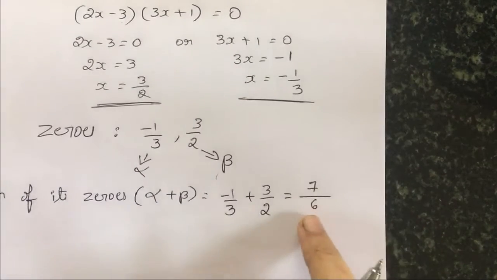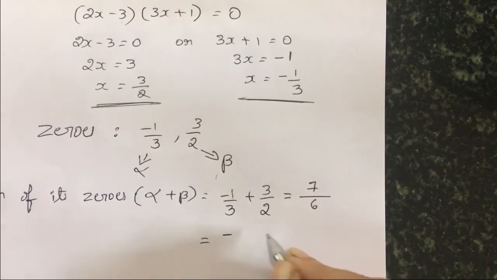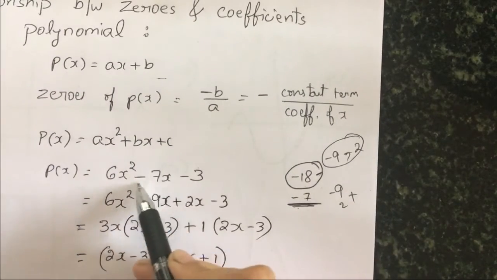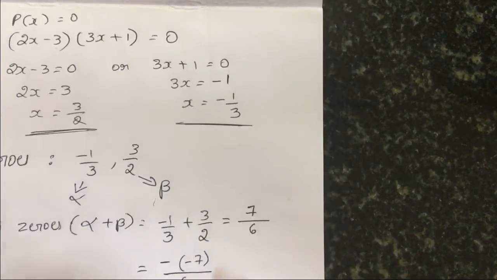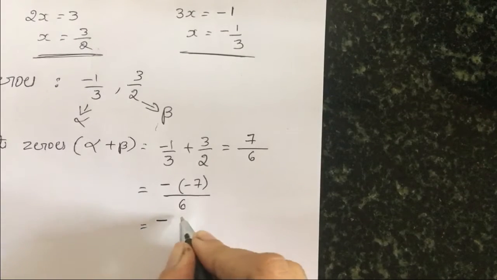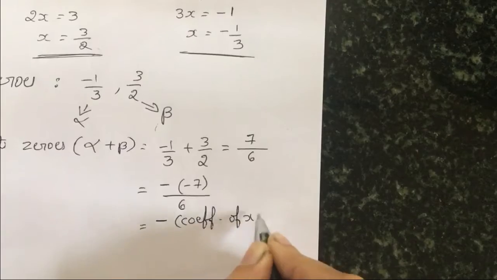Now this 7 by 6, you just observe, is the same as writing minus of minus 7 divided by 6, right? What is minus 7? In my polynomial, minus 7 is nothing but the coefficient of x. So I'll rewrite this as minus coefficient of x.